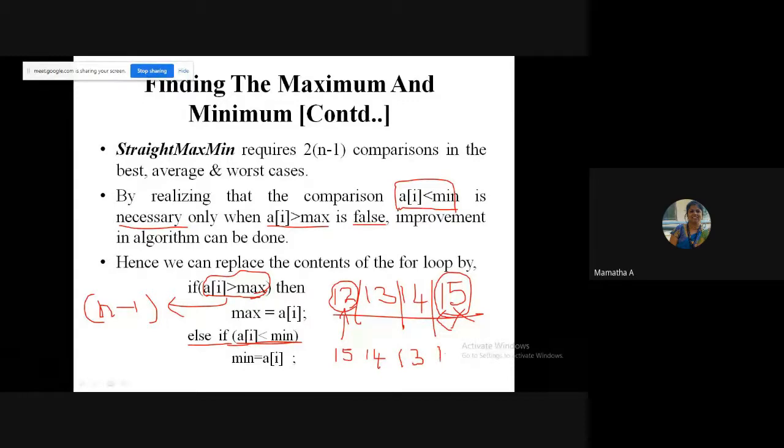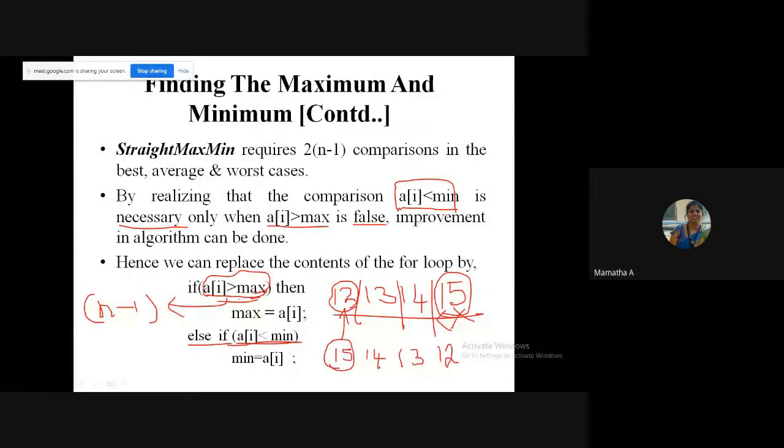Worst case is when the array is given in the descending order. So you can observe when I give it in the descending order, what happens to this condition, students? Sorry, descending.